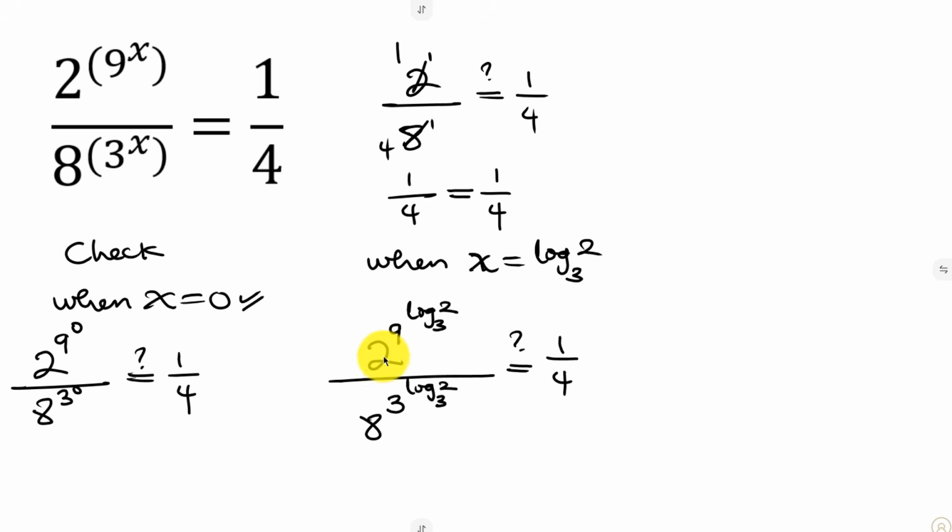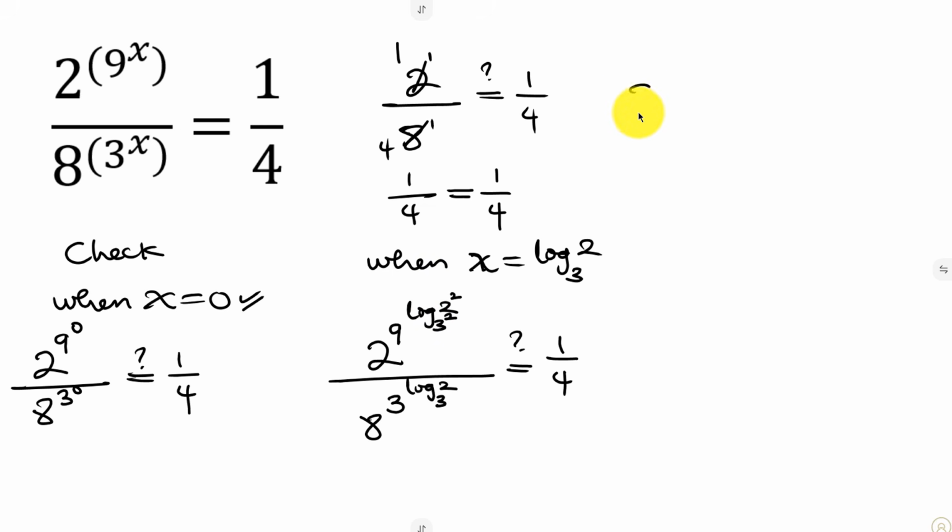Now looking at the numerator, this is 9 as a base here. We want to make this base to be the same as 3. And in order to do that, we can raise 3 to the power of 2 to get 9. So 3 to the power 2. And as I raise this 3 to the power 2, I must do the same to this number here, 2 to the power 2. Very good.